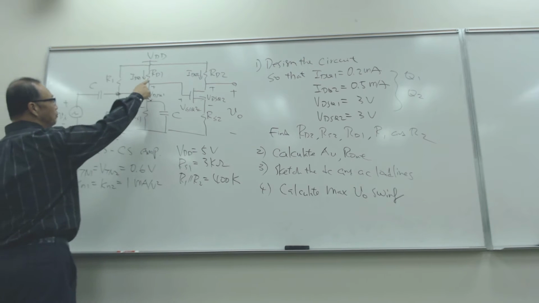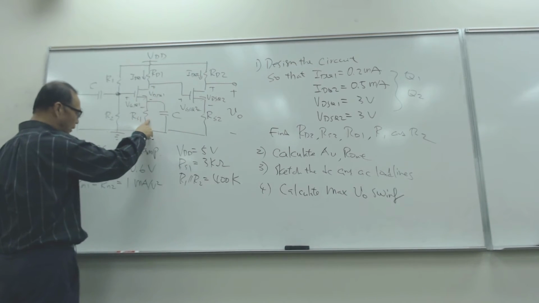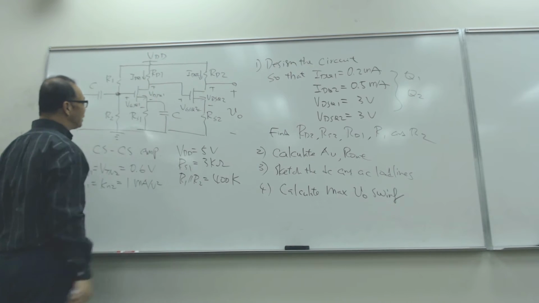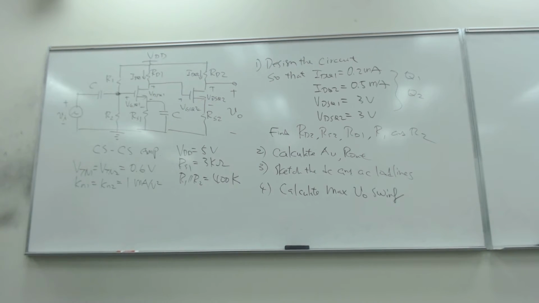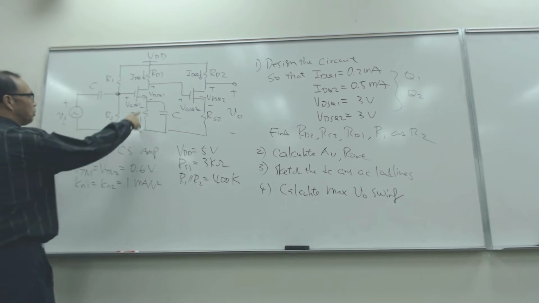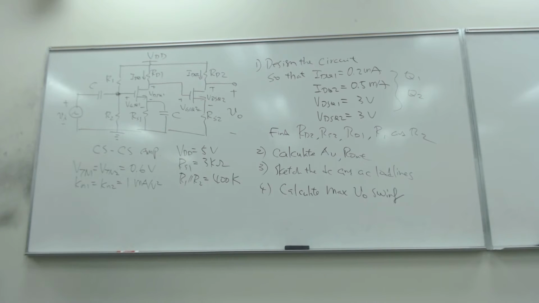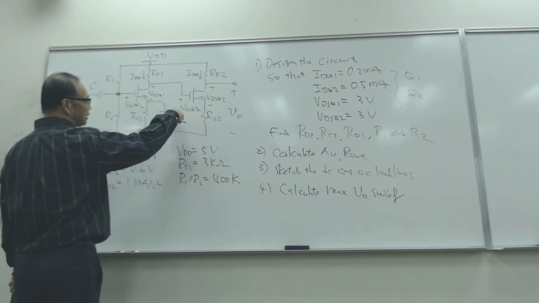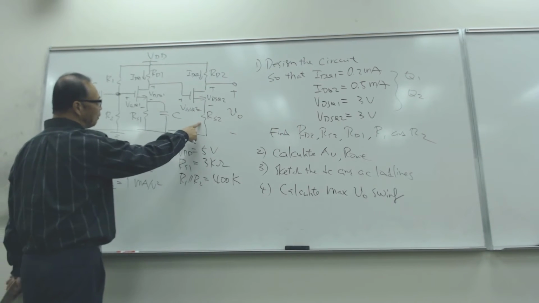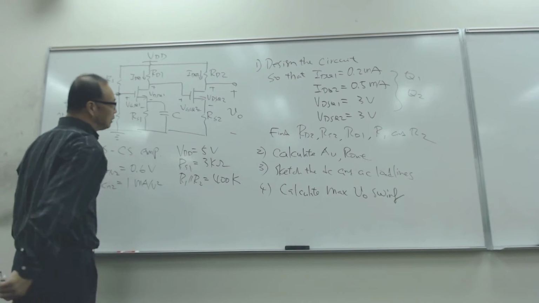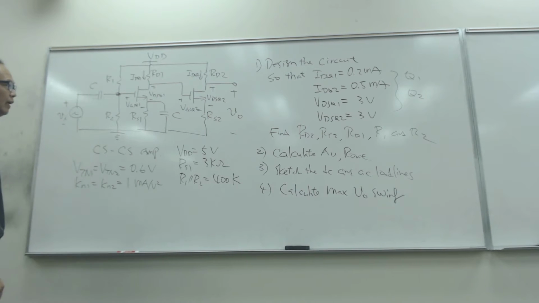Then if you look at the output loop, RS1 is known, RD1 is not known, right? But VDSQ also is known. So it is also possible to find something, because you're going to have one unknown. You look at this one, this voltage is not known. So you have two unknowns. Okay?